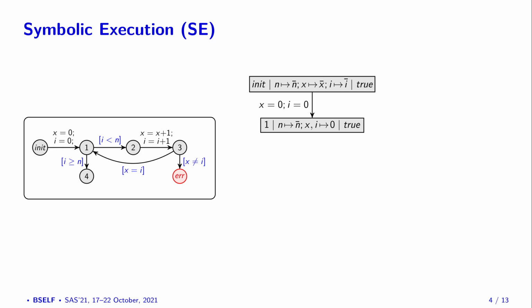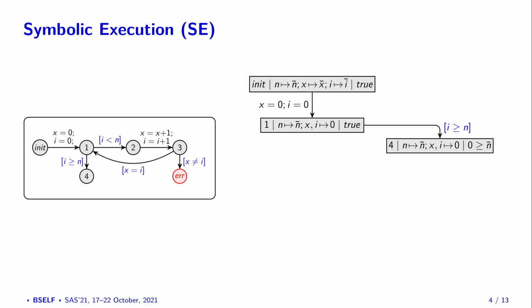We got to location 1 that has two successors. Let's try to take the edge from 1 to 4. There is a condition, and we substitute the current values of variables into the condition and check whether the expression that we obtain is satisfiable. i is 0 in the current state, and n is the symbol for n, so the expression that we get is 0 is greater or equal to the symbol for n.